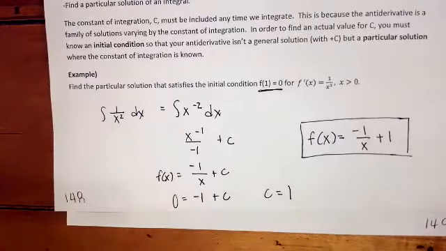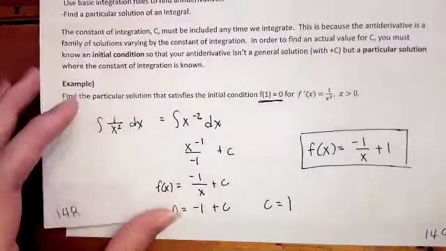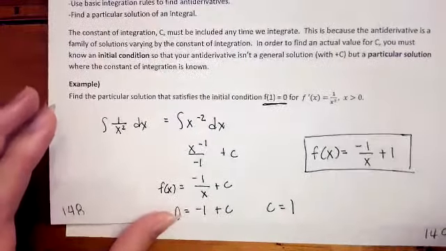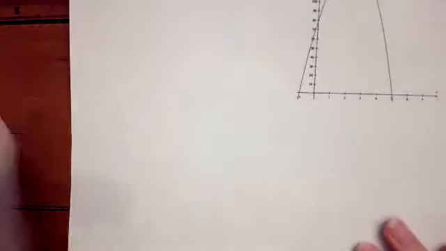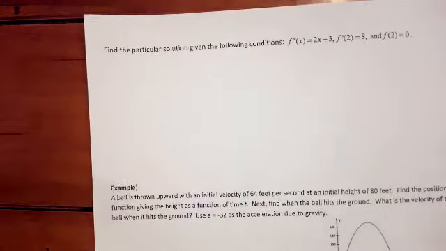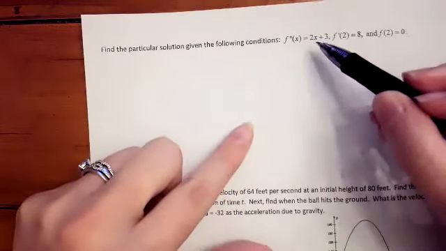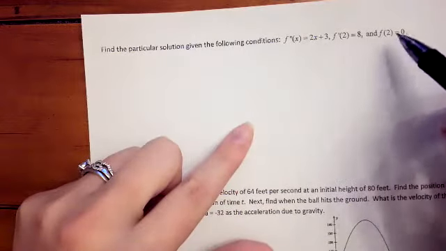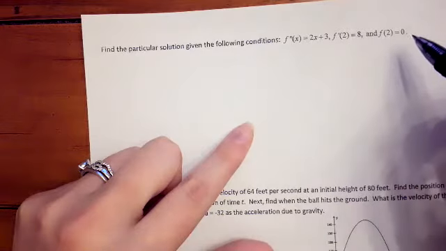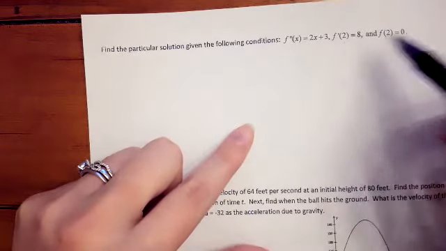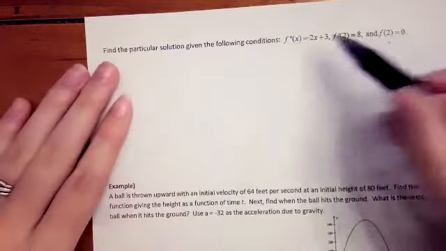Okay, and we're going to do another one to kind of practice that, because we can go through this process of steps a couple different times. So our next one says we're given a second derivative, 2x plus 3, and we have now two initial conditions, one for the derivative and one for the original function.